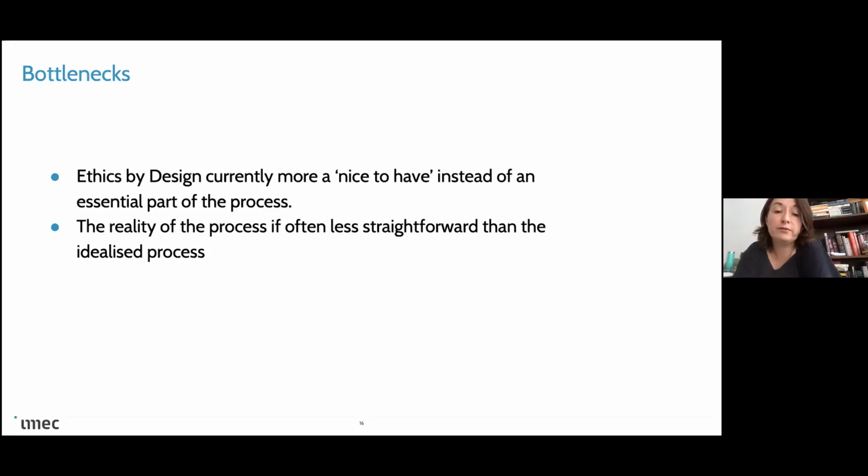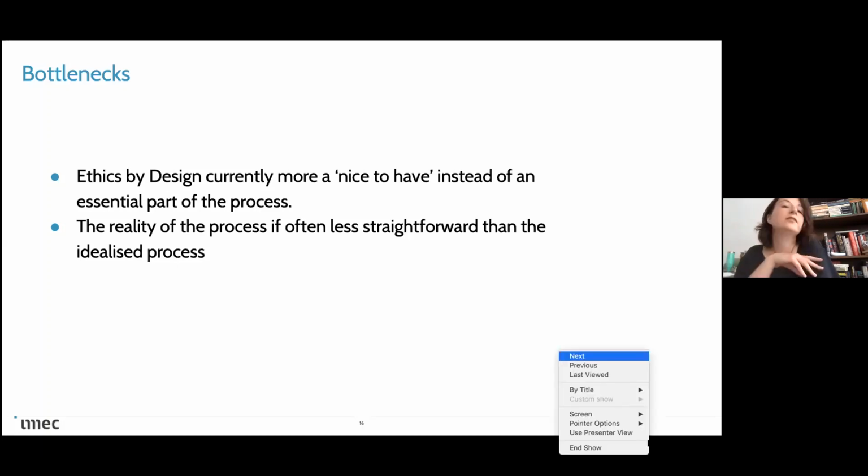And the reality of the process is often less straightforward than the idealized process. So if you think back on the previous slide, we are aware that if you look at the system, how the process is mapped, that is actually not the reality, and there needs to be more communication between social sciences and computer sciences, for example, but also others, in order to better understand each other.